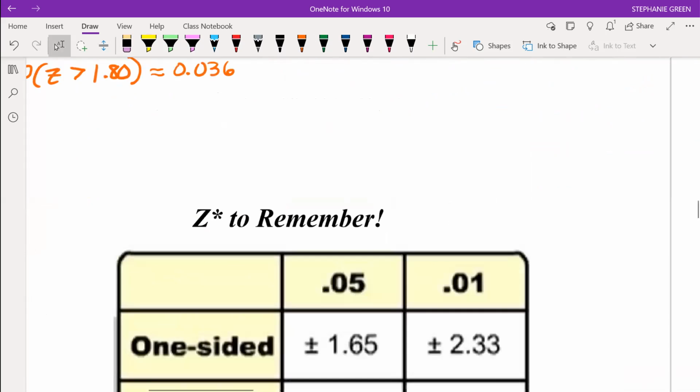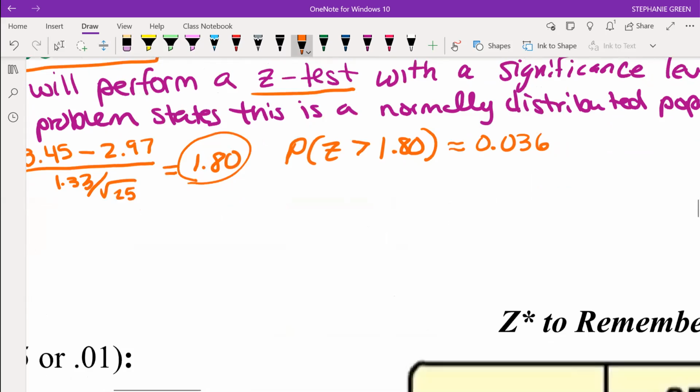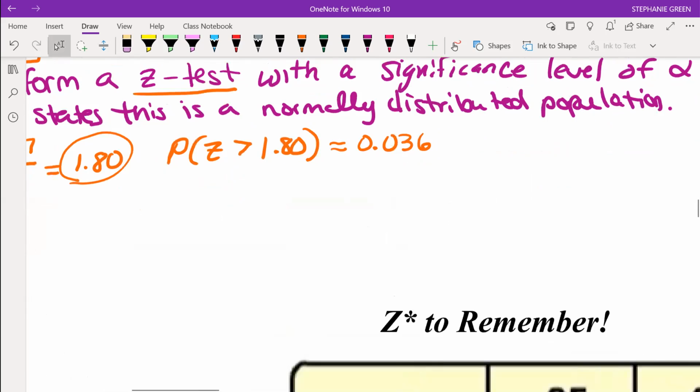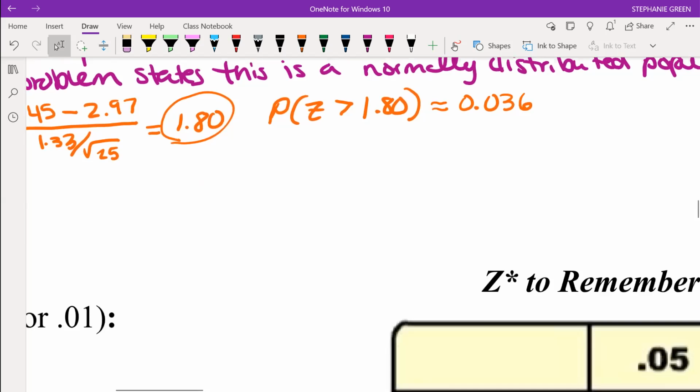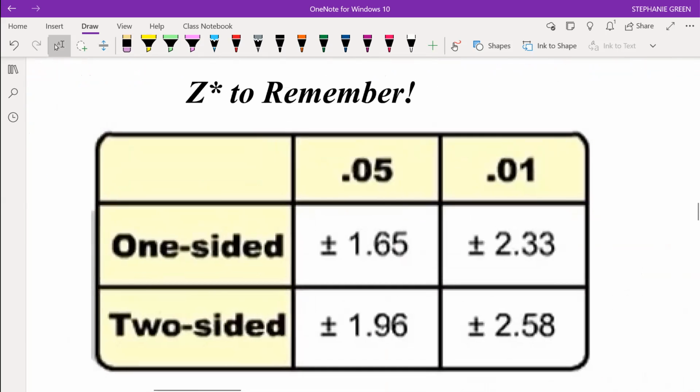So after we got that the z-score was 1.80, I took it over to my standard normal table and found that probability of being greater than that. Okay. So the thing is, the standard normal table never changes. And if we're looking at a 0.05 significance level, the z-score that we need in order to be statistically significant is never going to change. That's what these z-scores here are.